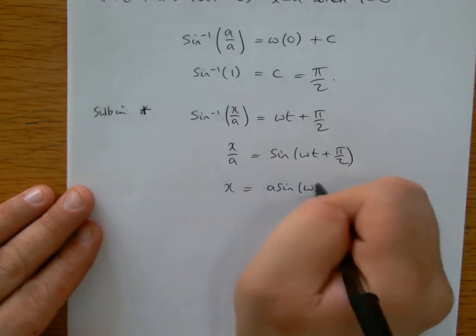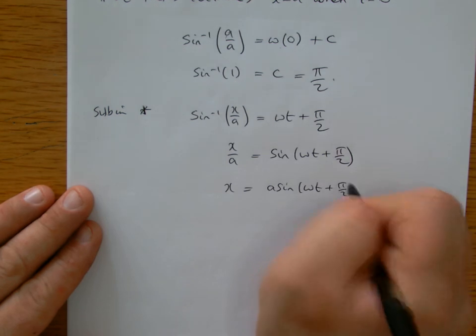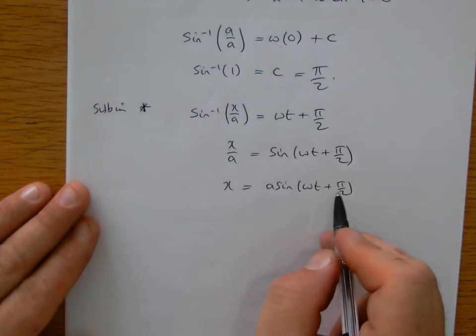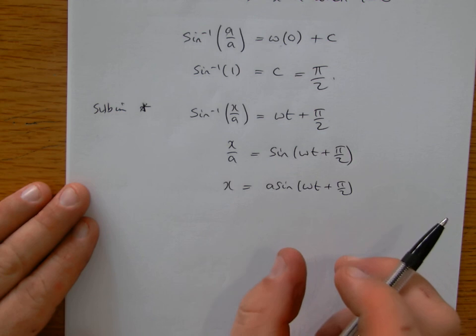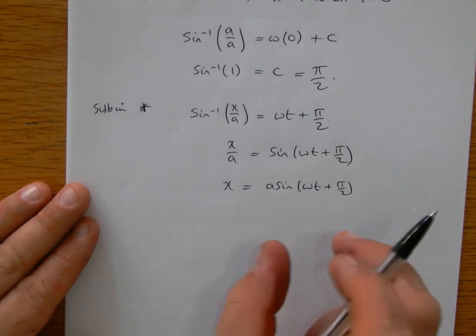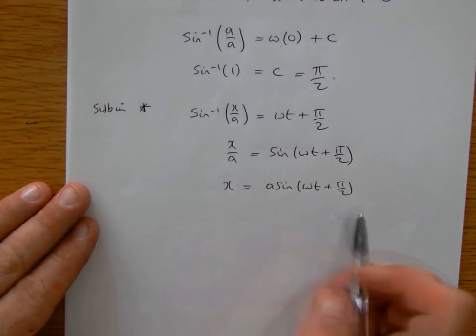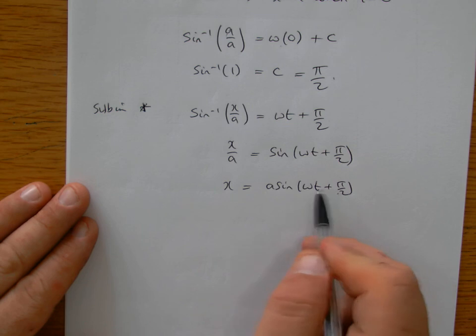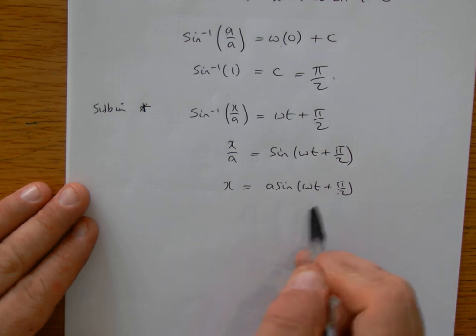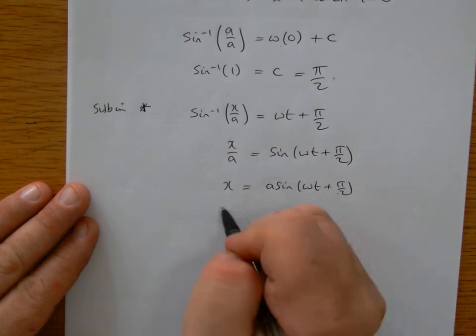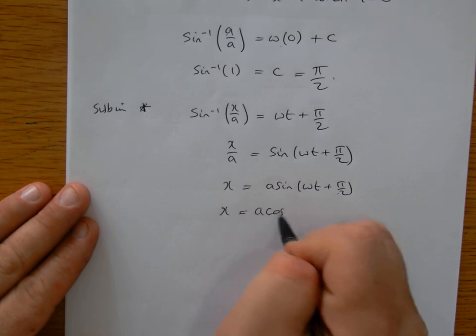What's good about this is that sin(ωt + π/2) is a shift of the sine graph to the left by π/2. It's a transformation of the sine to the left by π/2, by 90 degrees, which actually is the same then as the cos graph.